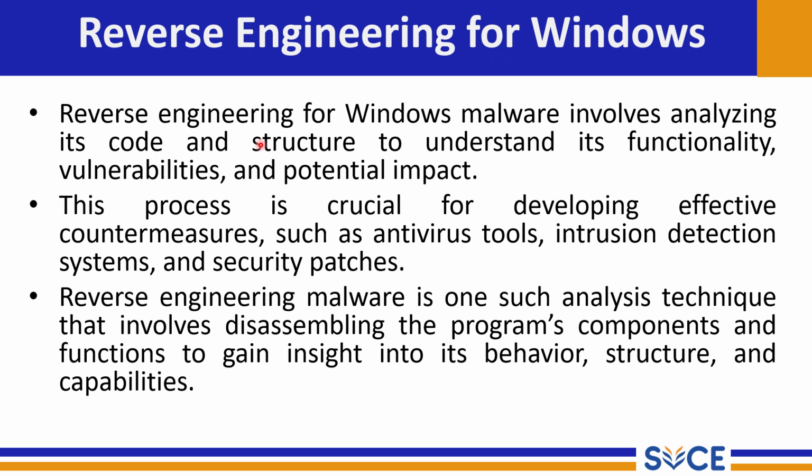And next, Equation Group tools: the reverse engineering of tools used by the Equation Group, a cyber attack group associated with the NSA, led to their exploitation by other malicious actors. Okay, and the common tools used are Ghidra, dnSpy, Cutter, DIE, and Dex Translator.